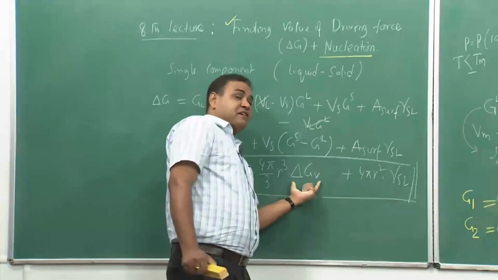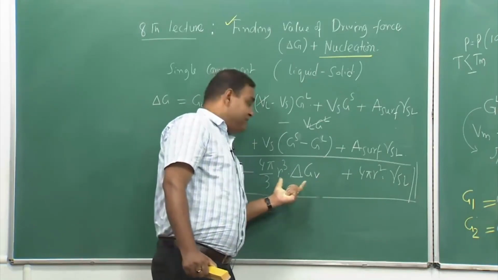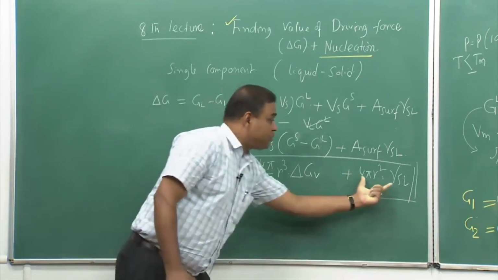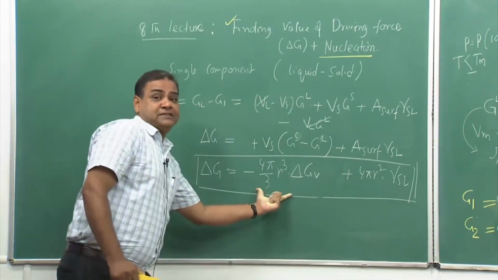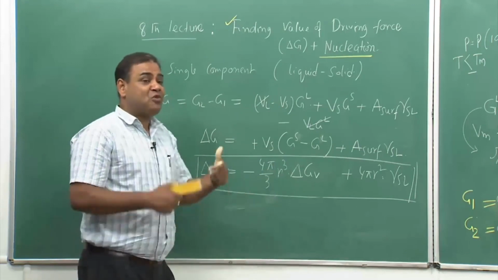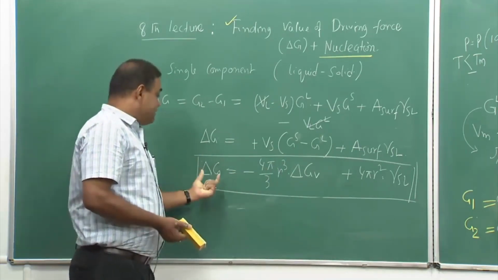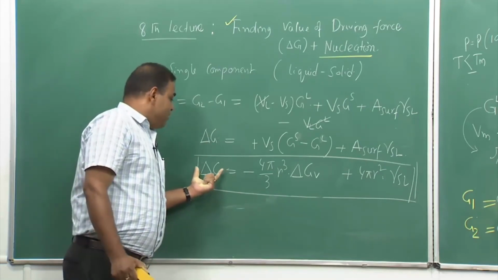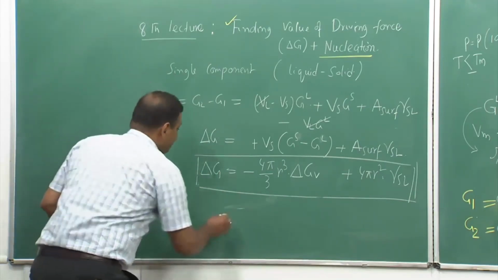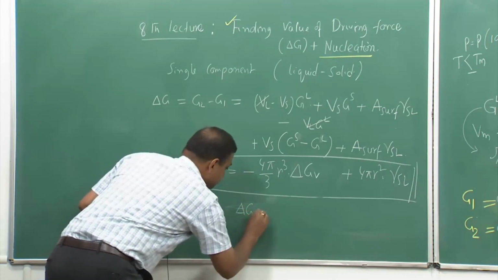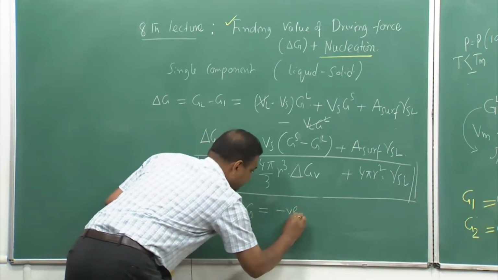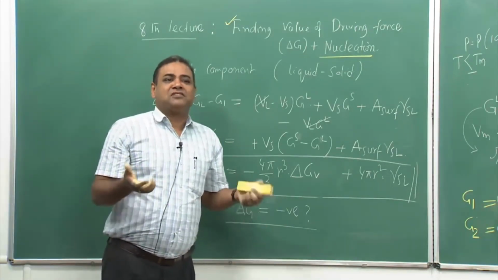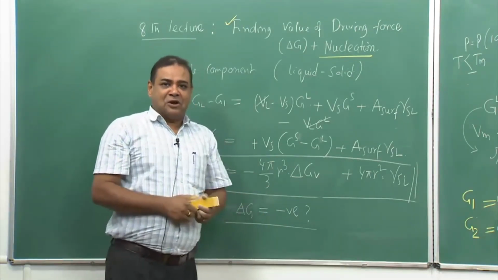So, that means this is my driving force, and whether that solid would form or not, because this is the positive energy, this is the negative energy, finally where the system would go for this transformation would be decided by the negative value of this. So, we finally have to see whether del G is going to negative values. So, that will tell me whether transformation would actually take place or not.